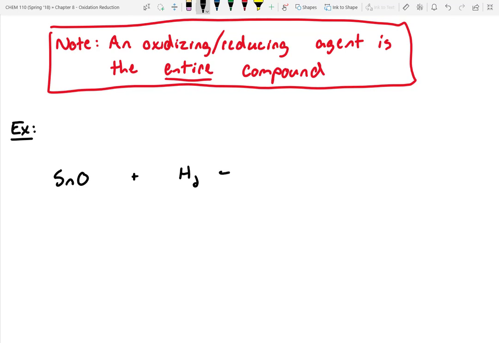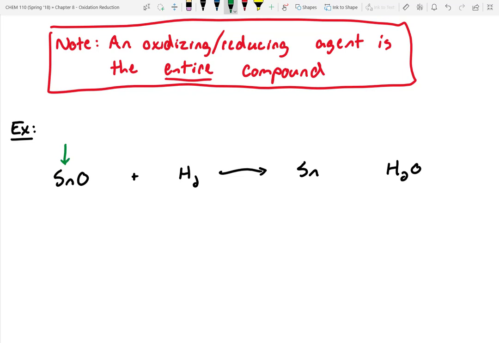So we're going to take tin oxide, react it with hydrogen gas to give us tin and water. I'll give you some time to work on this, but first identify the elements being oxidized or reduced. I'll give you a hint too in case you're struggling with the tin oxide.